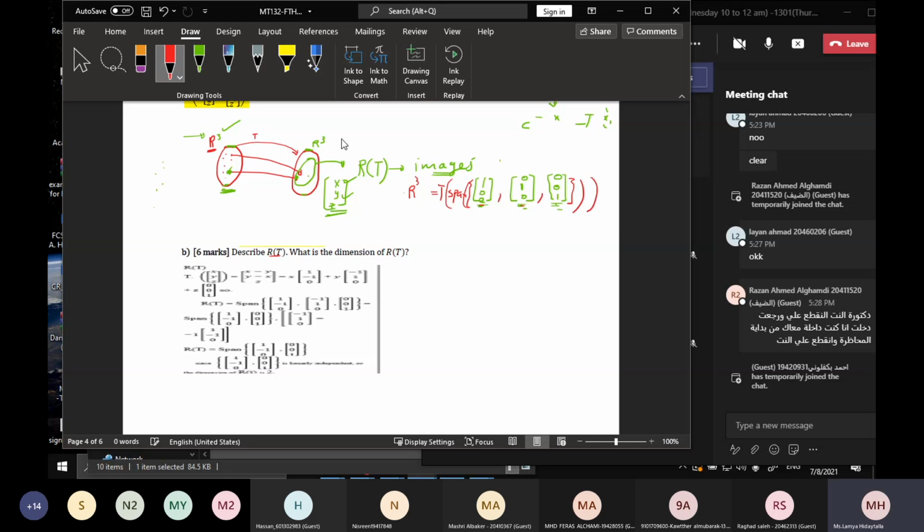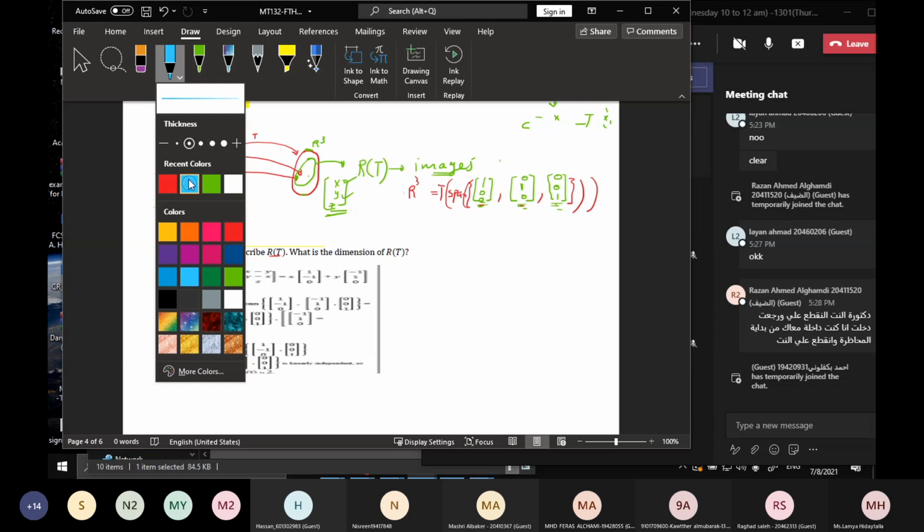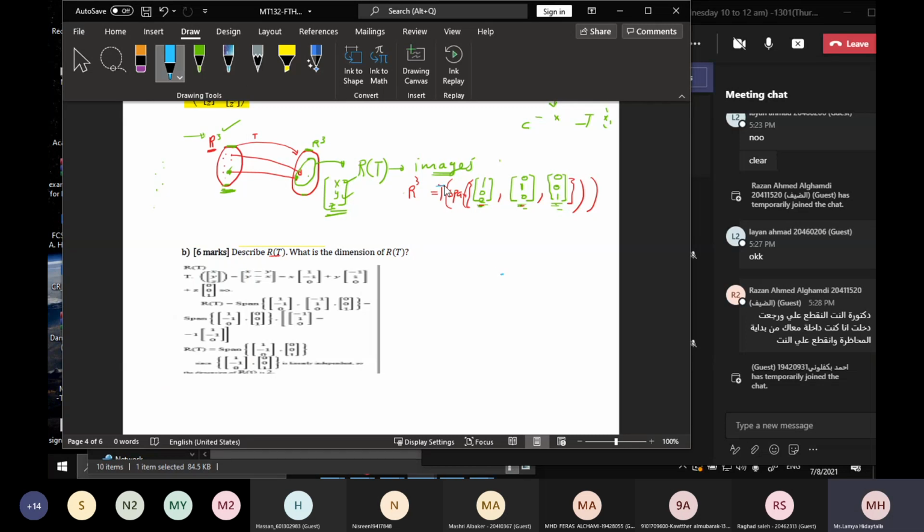Okay, for all the elements here. So we need the transformation of what? For each and every element. So we need it for the span, the linear combination of this set, all possible linear combinations.